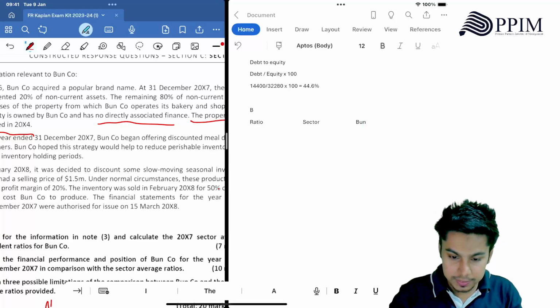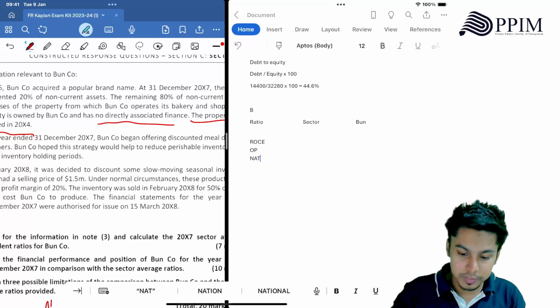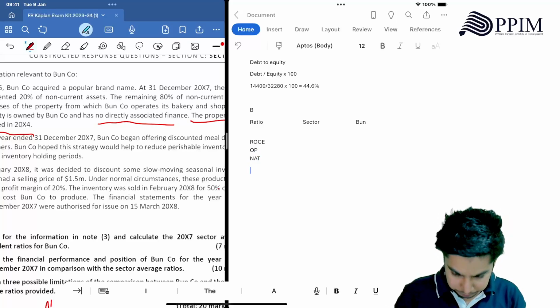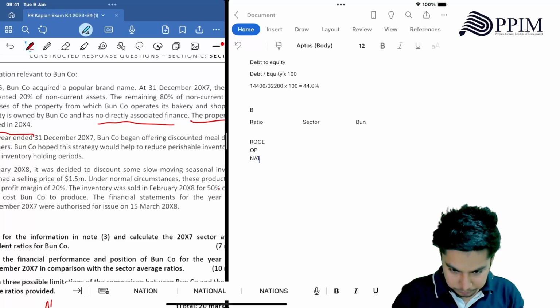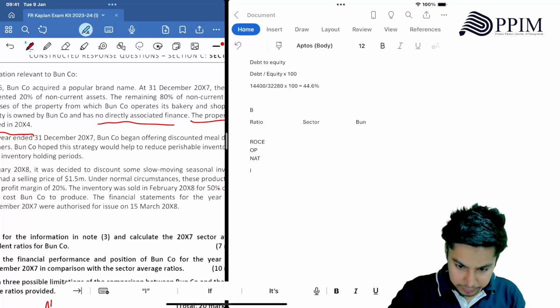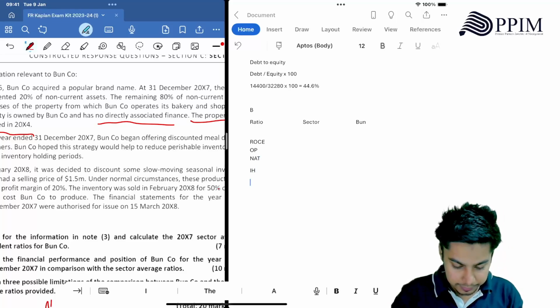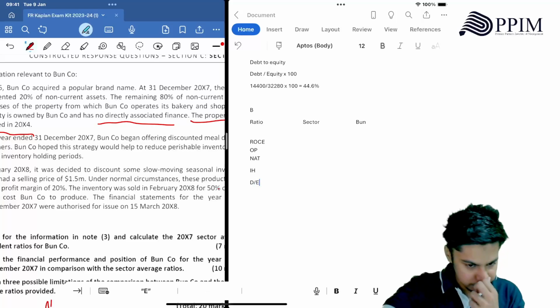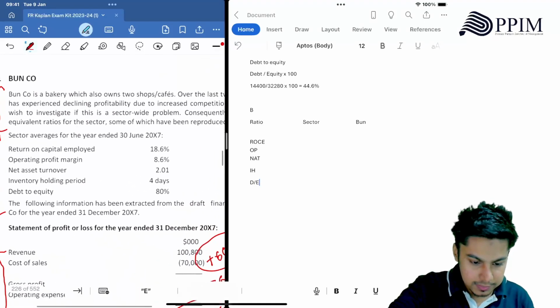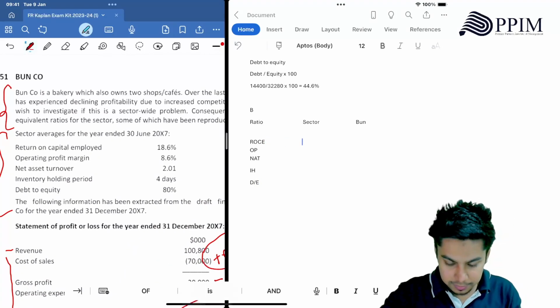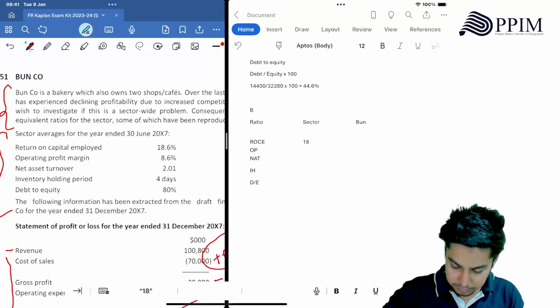So guys, what are the ratios we started off with? ROCE, operating profit, net asset turnover. What's the other one, guys? Inventory holding, and then debt to equity ratio. Now, what are the answers for the sector? The sector is having 18.6.